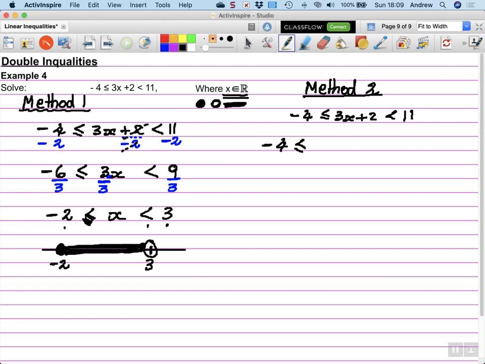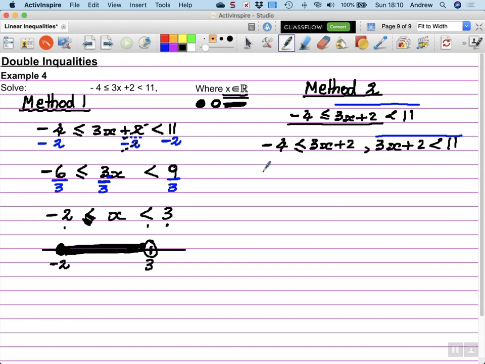Minus 4 is less than or equal to 3x plus 2, comma, and then you write 3x plus 2 again is less than 11. So you split the first and second and write it down on the left, and then you write the second and third and write it down on the right, and then you solve them. So here we go, we're now going to solve.